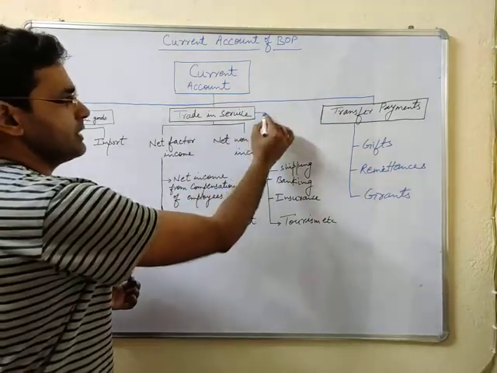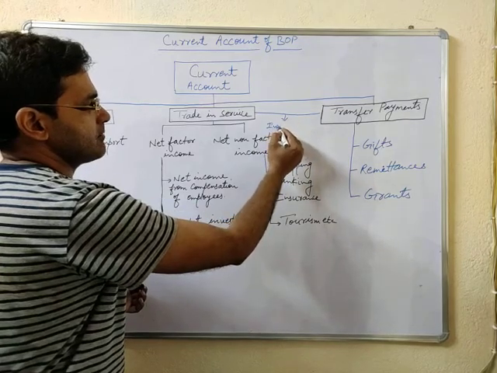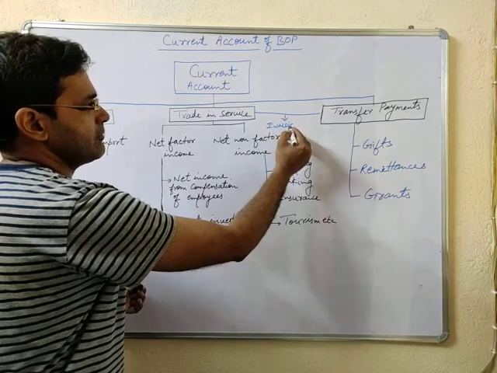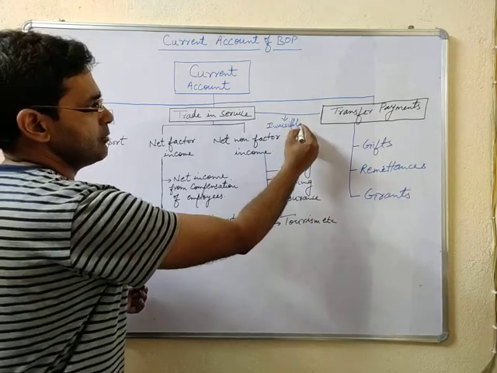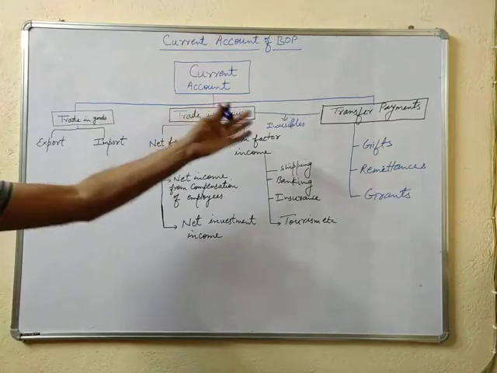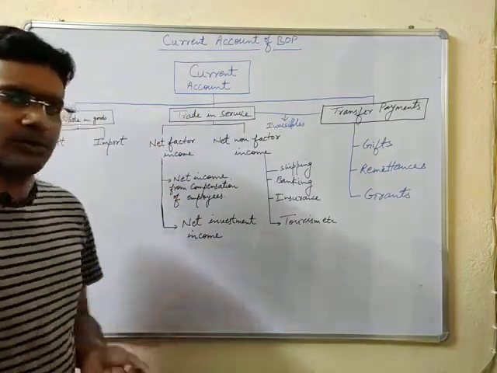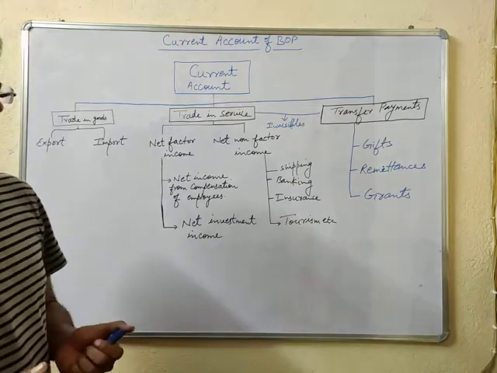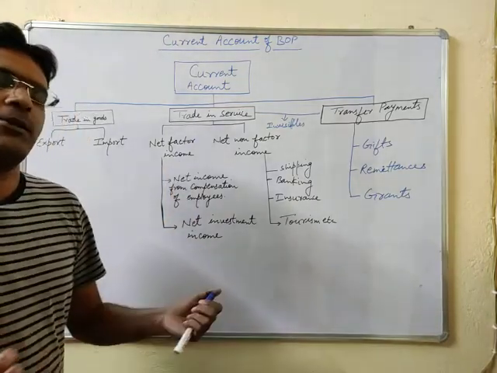These two together are known as invisibles, as I told you in my previous class. They are known as invisibles because when services cross the borders, they are not seen.